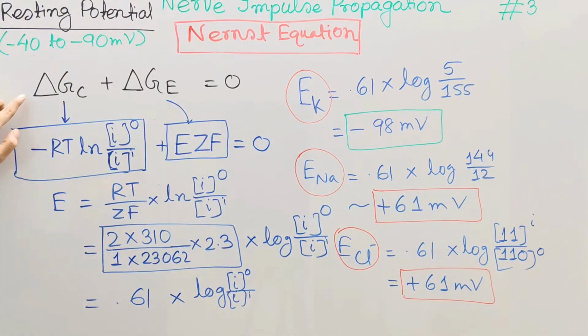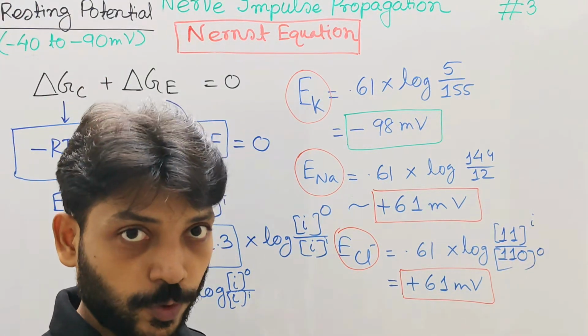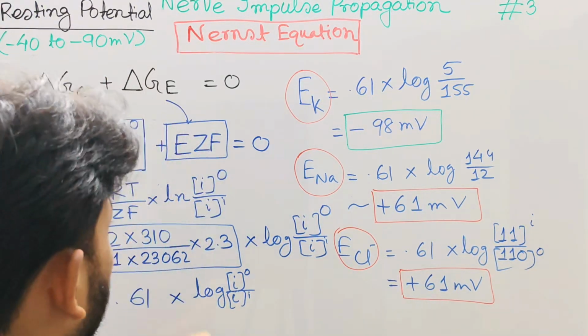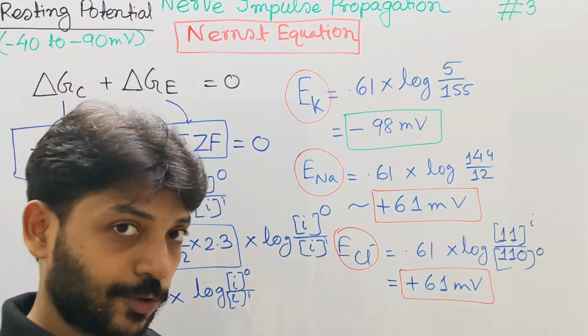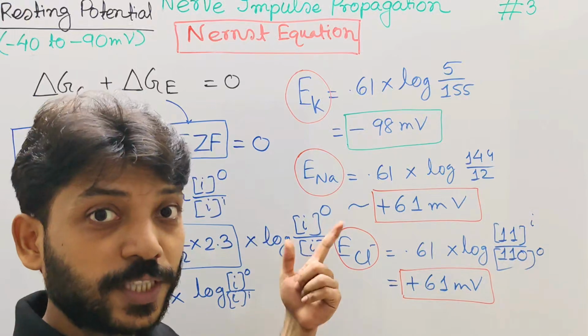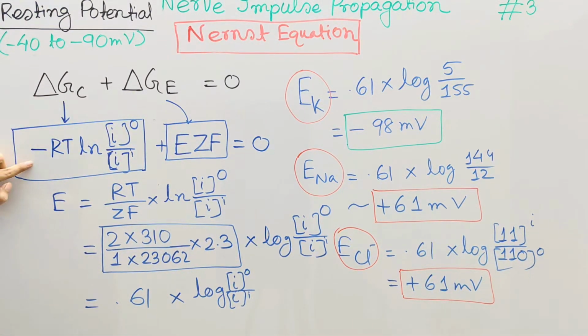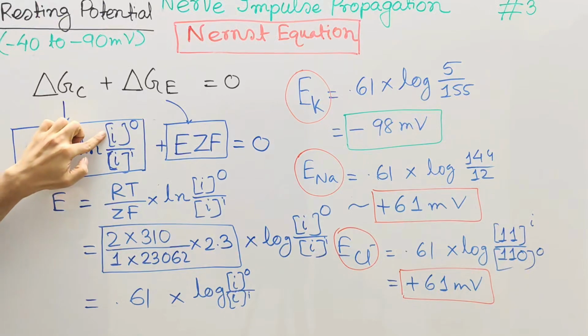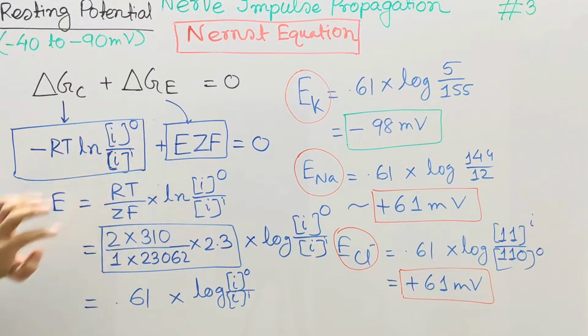As you can see, there is a delta G for C. Delta G for C is the free energy change for the chemical force, that means the ion concentration gradient, and delta G for E means the free energy change for the electric force, that means the membrane potential that is generated. For delta G for C, the formula is minus RT ln of the ion concentration outside divided by the ion concentration inside.